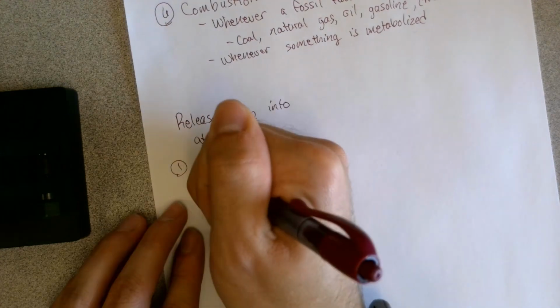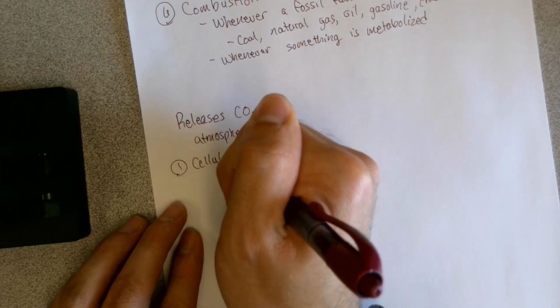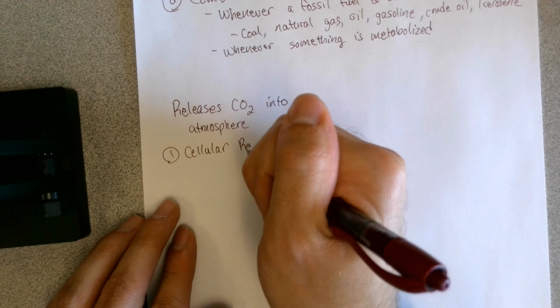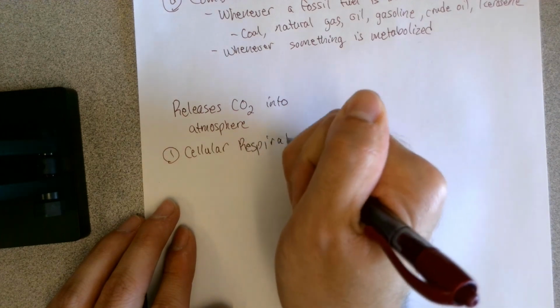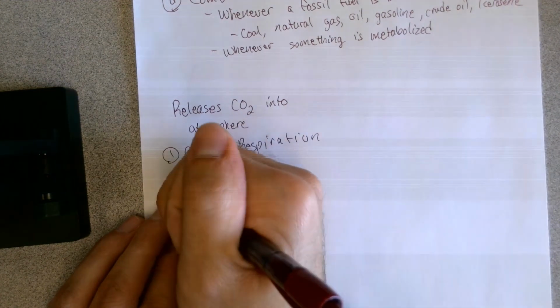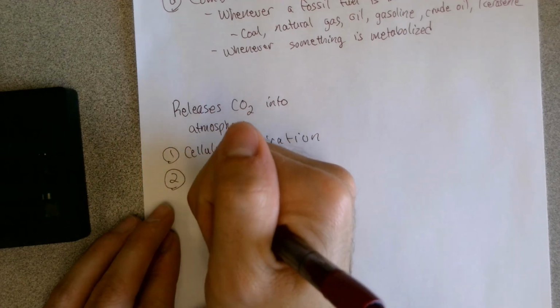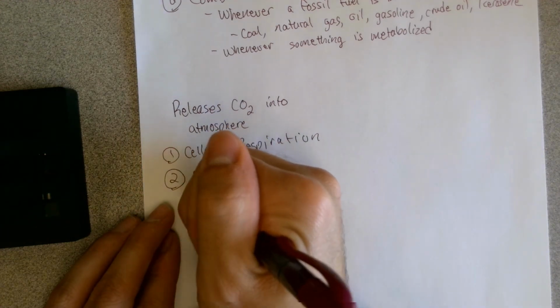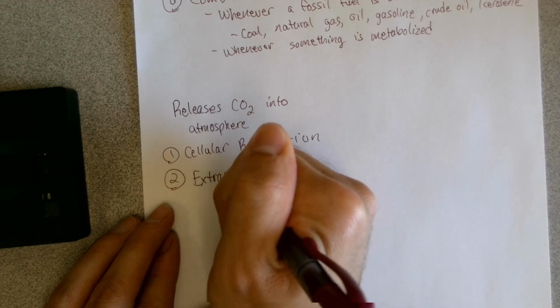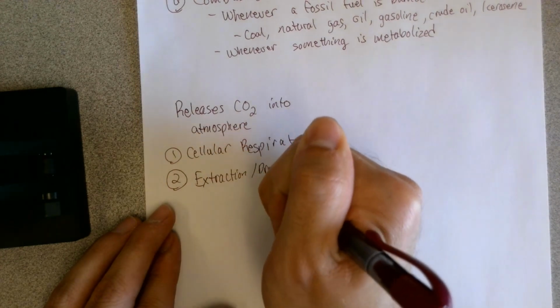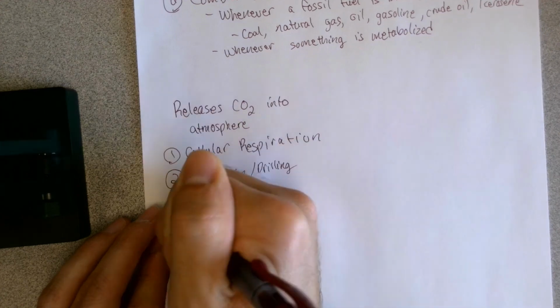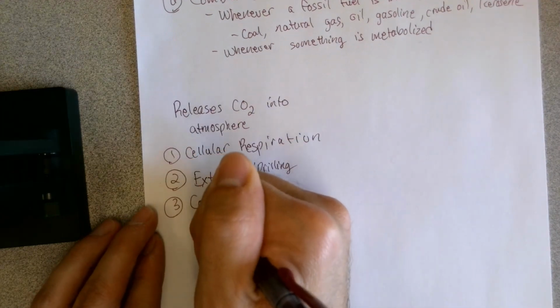The first one is going to be cellular respiration. Number 2 is going to be extraction or drilling. And then we've got combustion.